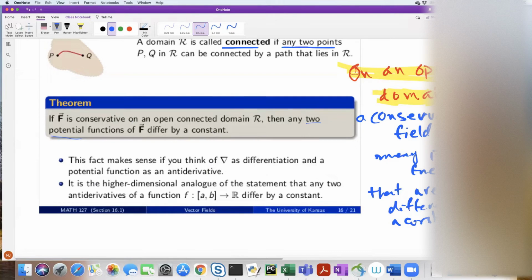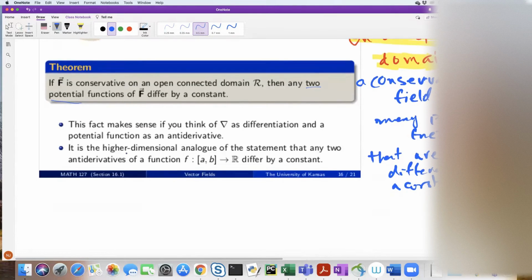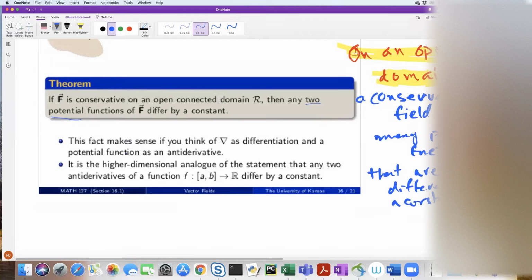That resembles the antiderivative concept from calculus 1, when we had antiderivatives and they only differed by a constant. So plus big C was the story. And that exactly comes out to be something that we're going to have in this course, basically.